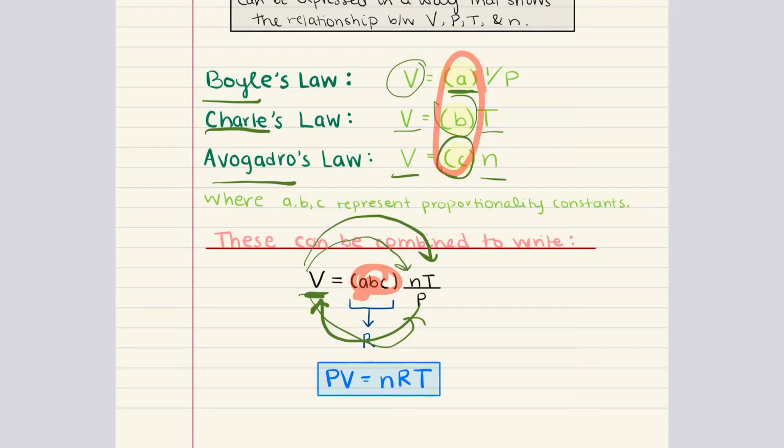It expresses behavior that real gases may approach at low pressures and high temperatures. What does that mean? That means an ideal gas is really just a hypothetical substance. However, sometimes real gases do obey the ideal gas equation under specific conditions. What are those conditions? Low pressures, high temperatures.